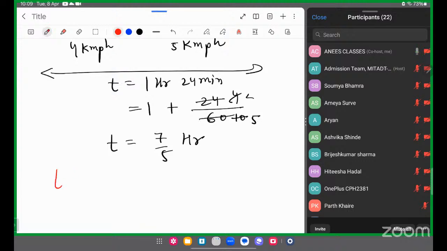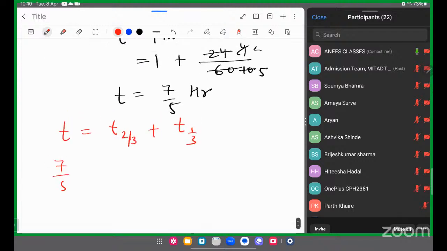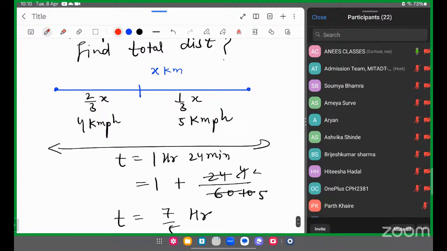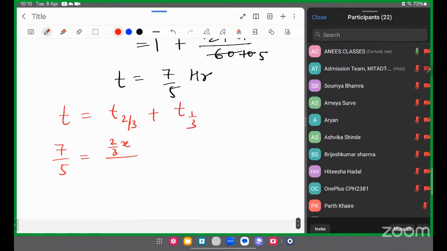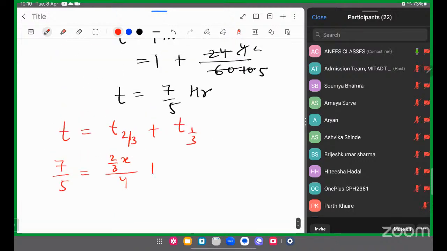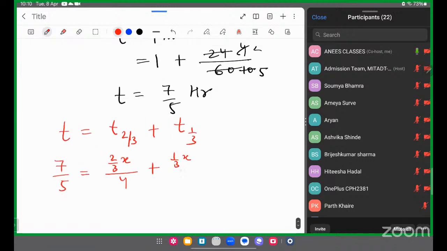Now, total time will be equal to time taken to cover two-third distance plus time taken to cover one-third distance. Total time is 7 by 5. Time is distance by speed. So distance is two-third of x divided by speed 4, plus in case of one-third, speed is 5.